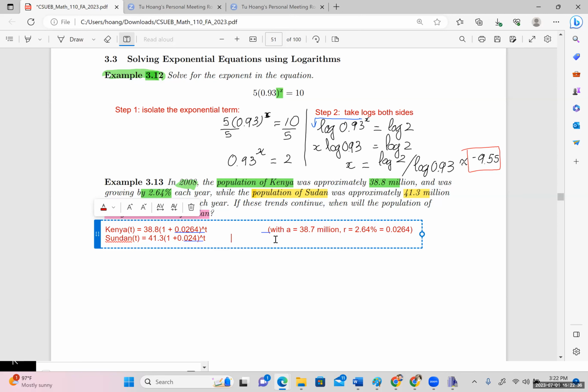Here a equals 41.3 million and r is 2.24%.